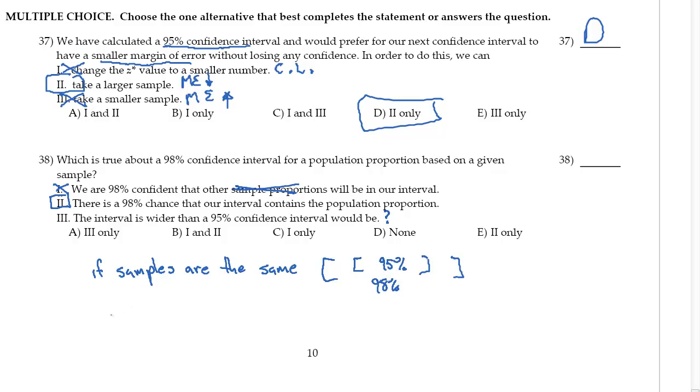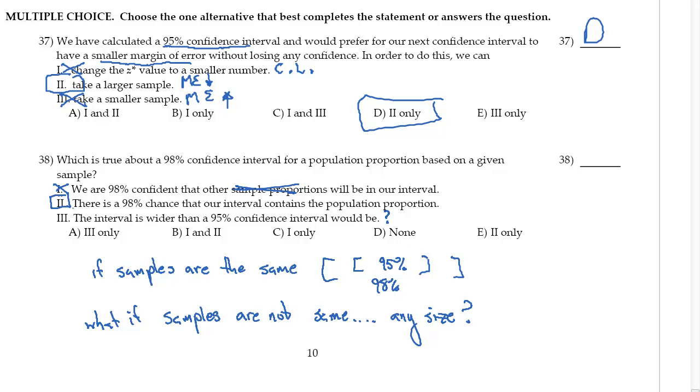But what if the samples aren't the same? All right, so what if samples are not the same? Okay, then you have to think about, well, then the intervals could be any size, right? So this one gives me a little question mark.